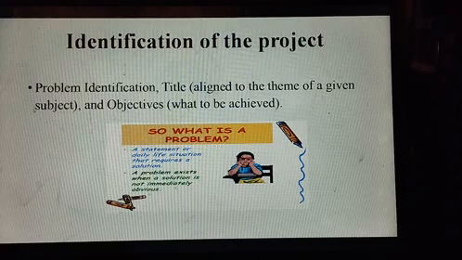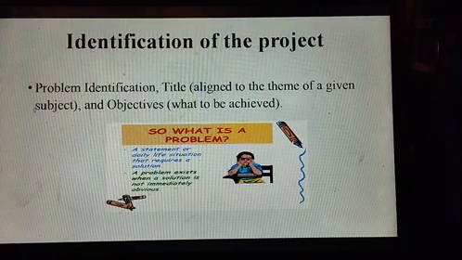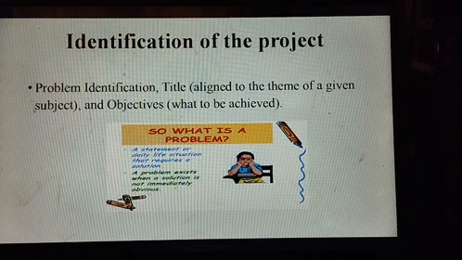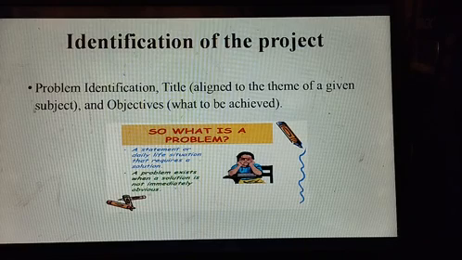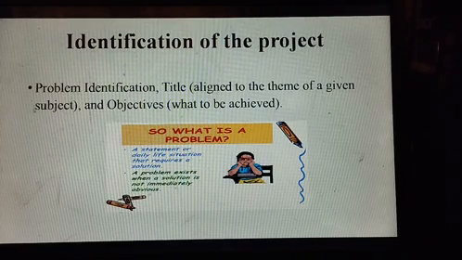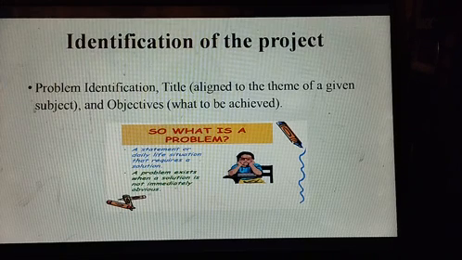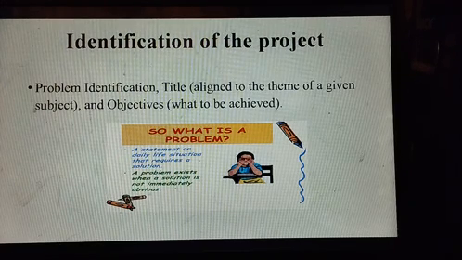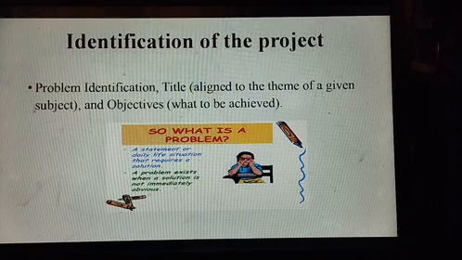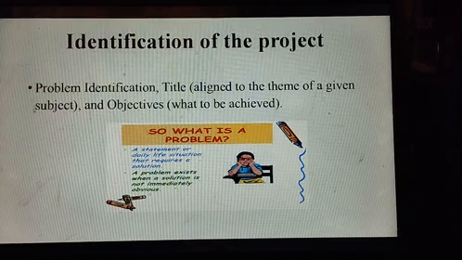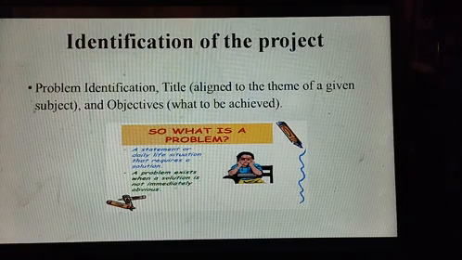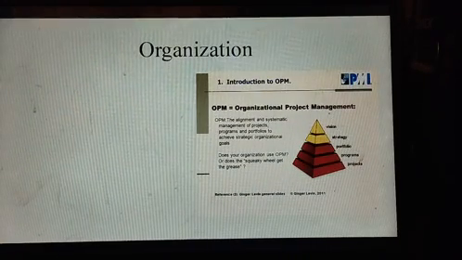But how can you test that that project is a good project? It can solve a problem which has been identified. The learner must tell you the chapter or theme on which that project is focusing, and second, the learner must tell you the title. Then the teacher can allow a learner to continue to the next step, which is called organization.